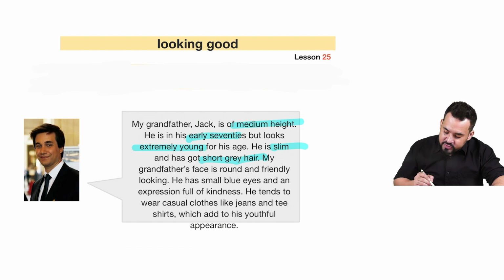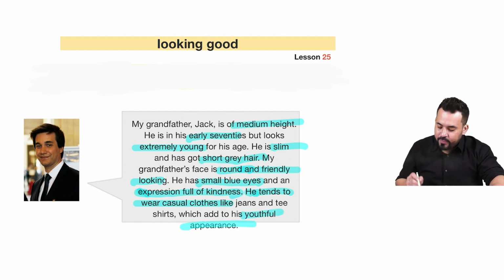My grandfather's face is round and friendly looking. He has small blue eyes and an expression full of kindness. He tends to wear casual clothes like jeans and t-shirts, which add to his youthful appearance.